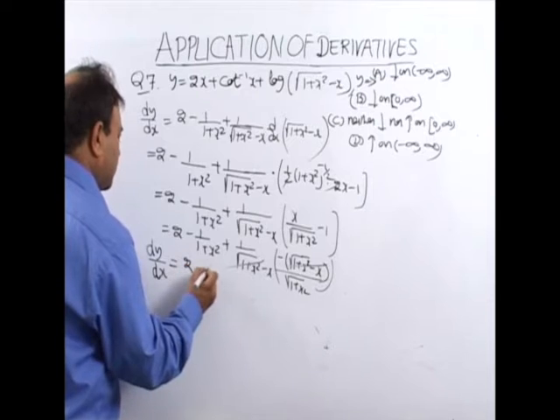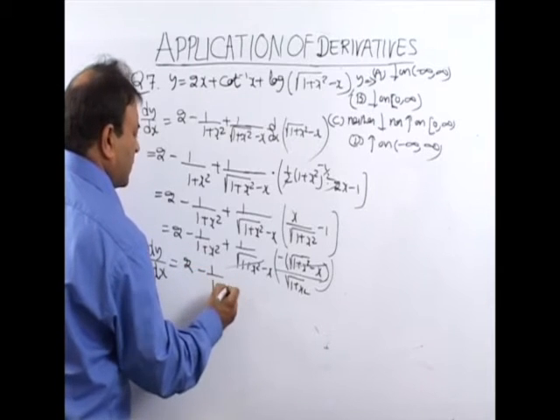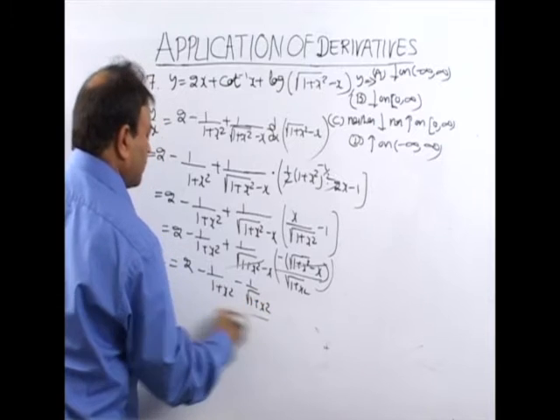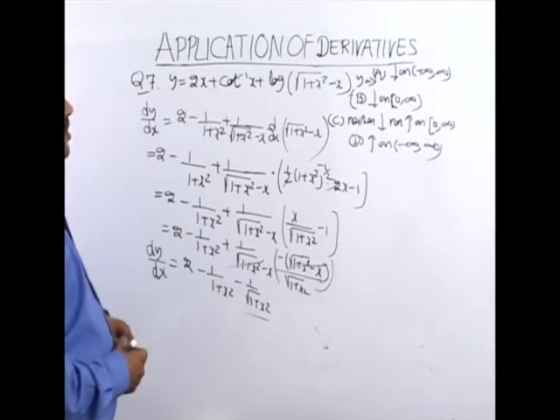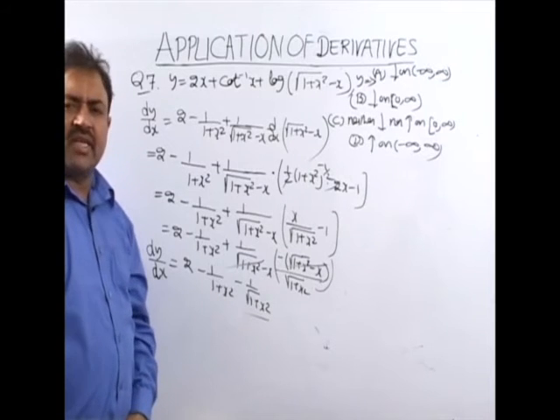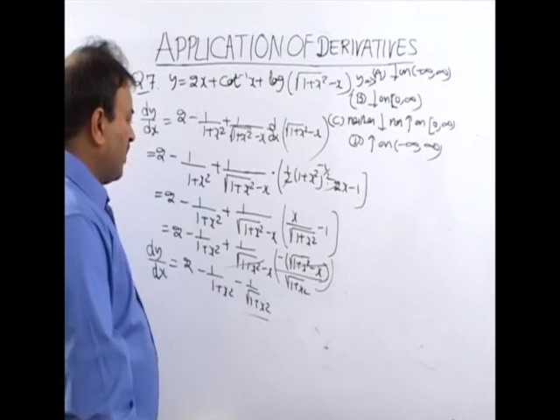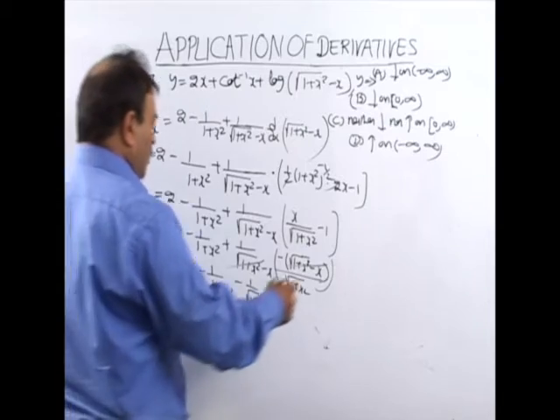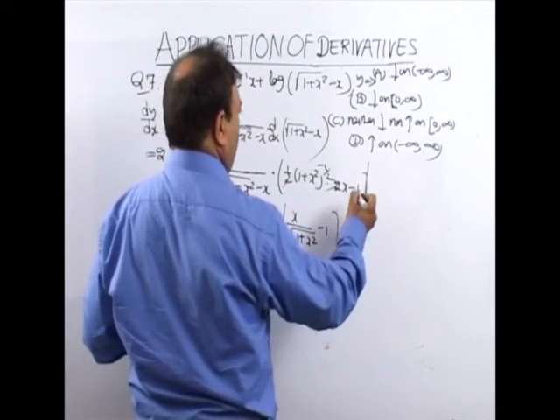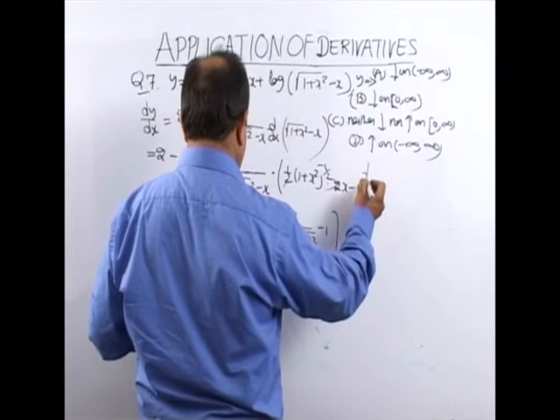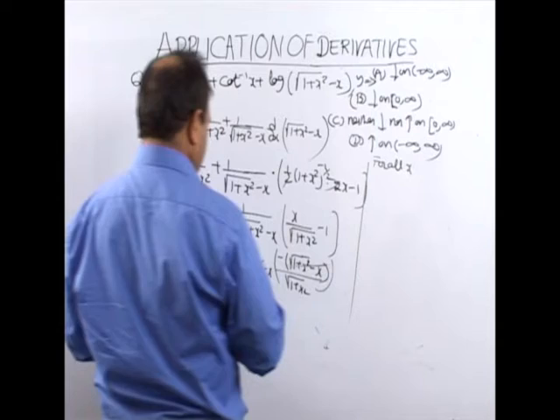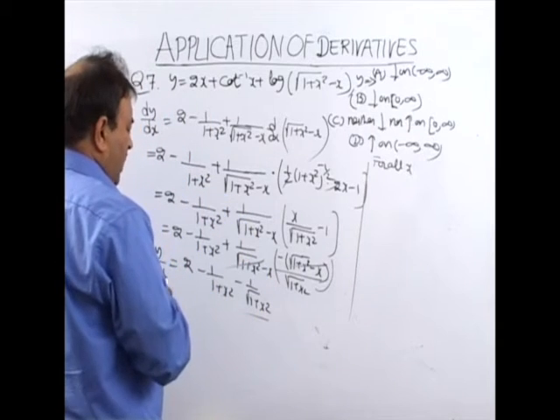So dy by dx is 2 minus 1 upon 1 plus x square minus 1 upon square root of 1 plus x square. We know that this is for all x.